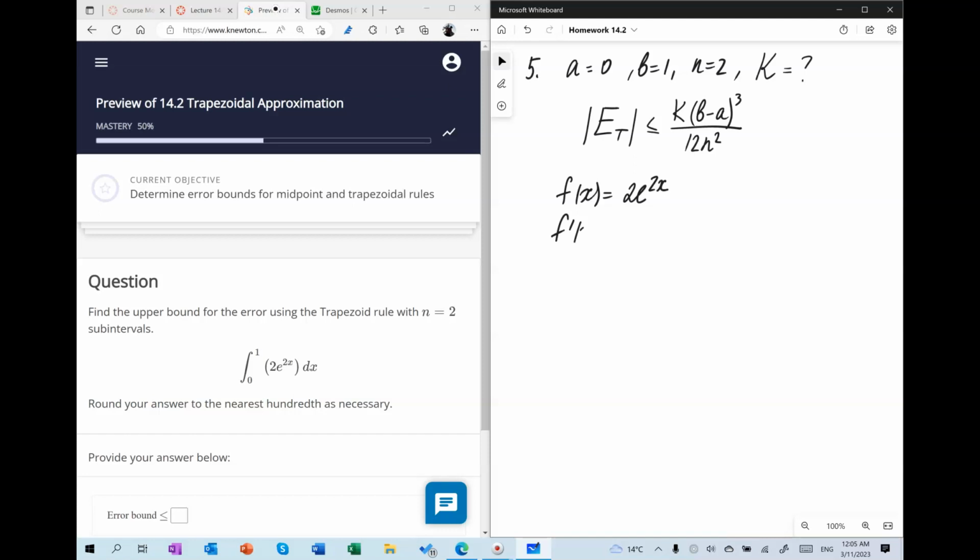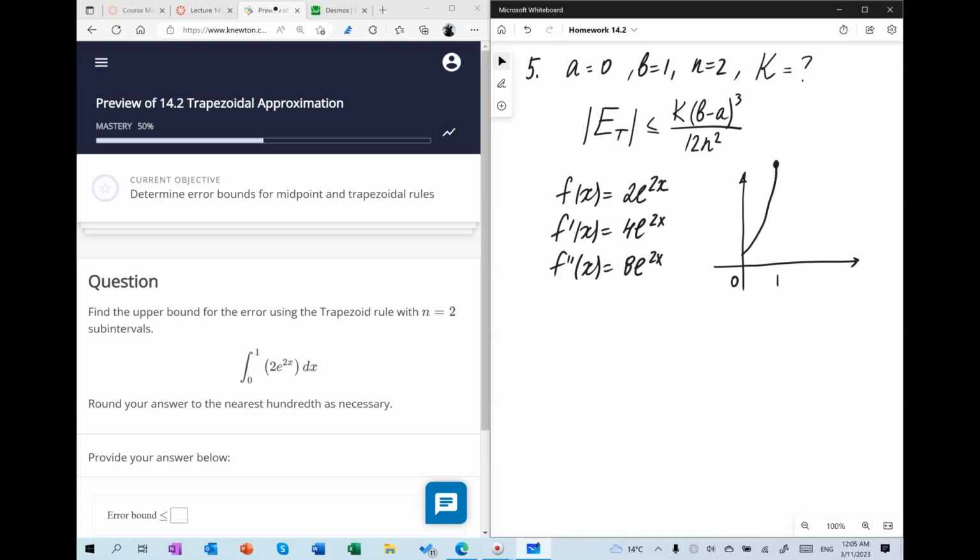And the first derivative is 4 times e to the 2x. And the second derivative is 8 times e to the 2x. And we are on the interval from 0 to 1. And I know that on this interval, this function is monotonely increasing.